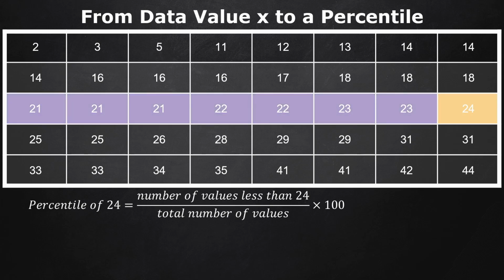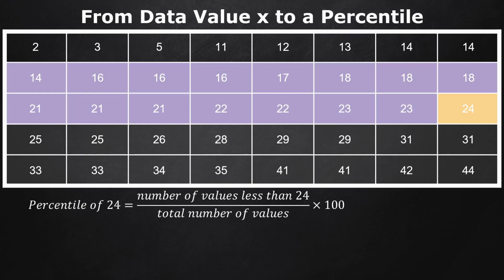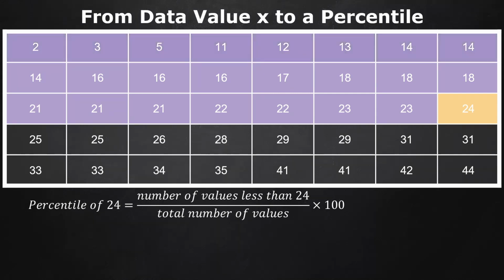So that's 1, 2, 3, 4, 5, 6, 7. And then we got 8 up there. 7 plus 8, that's a 15. Plus another 8. All of that equals 23. So we have 23 values that are less than 24.